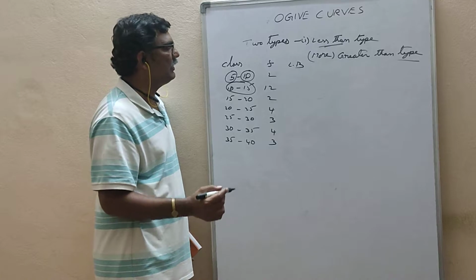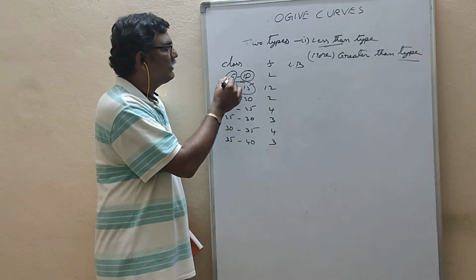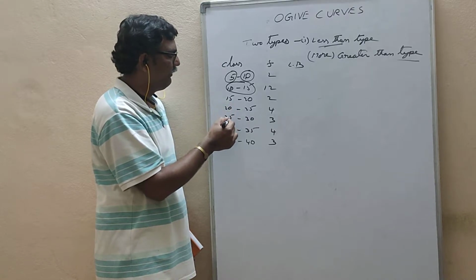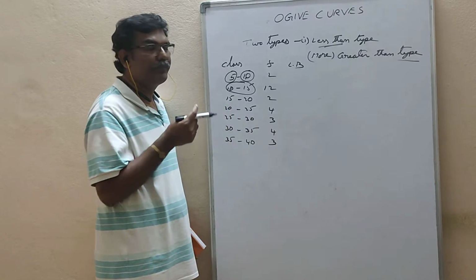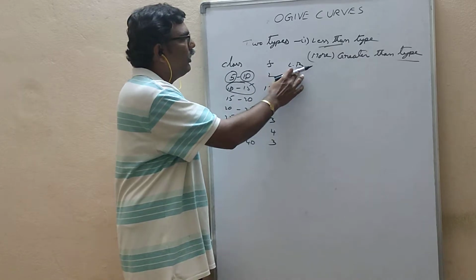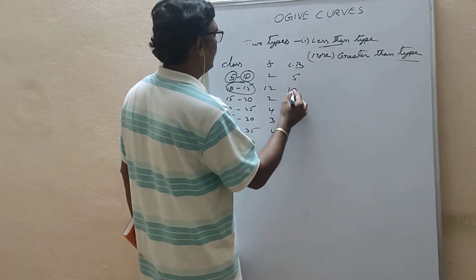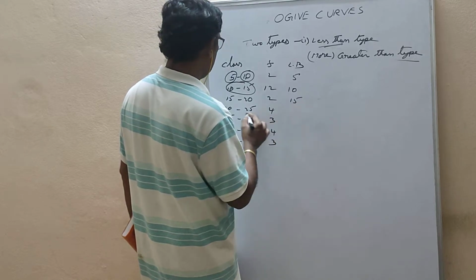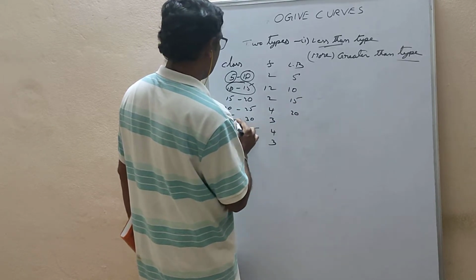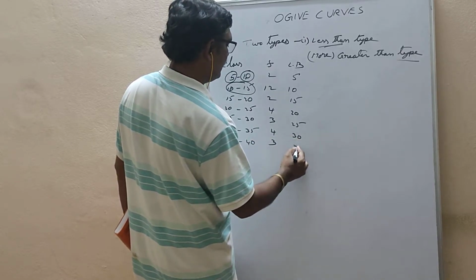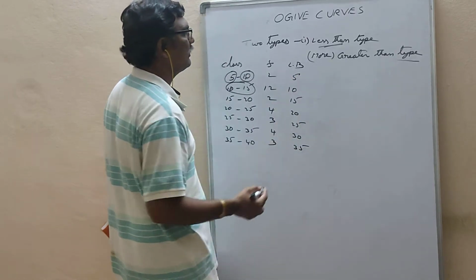Lower boundary means 5 is a lower boundary, 10, 15, 20, 25, 30, 35. So the lower boundaries will be 5, 10, 15, 20, 25, 30, 35.